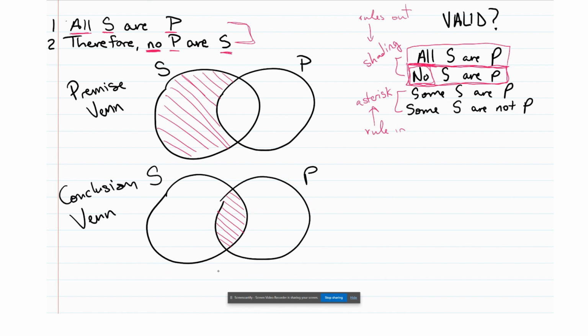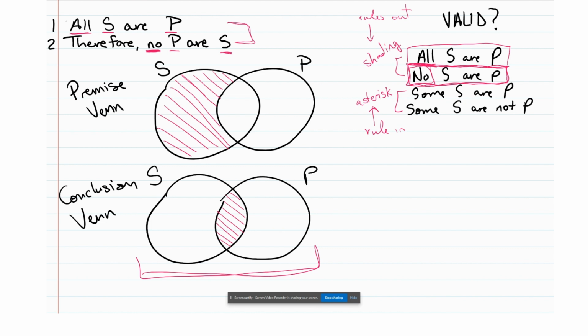And that's just precisely going to be the overlap between P and S. So when we shade there, we can double check our work and we can ask, okay, in this Venn diagram, is it the case that no P is an S, that no P are S's? And the answer is yes, because if you're a P, the only way to do that is to be over here, right? Is to be in this area. But to be in that area is not to overlap with S. So to be in that area is to be a P, but not an S.